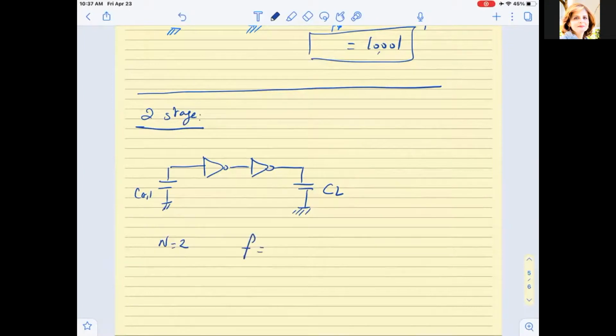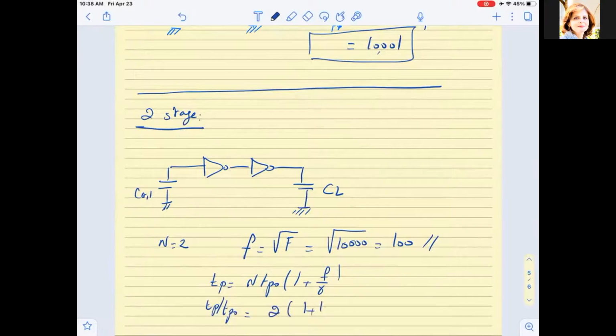Therefore, little f is equal to the square root of big F, which is the square root of 10,000, which is 100 in this case. And Tp is equal to n Tp0 into 1 plus f over gamma. So Tp over Tp0 is n, which is 2, into 1 plus 100 over 1, which comes out to 202. Okay, which is what we saw in the table. We saw that the delay dropped from 10,000 to 202.